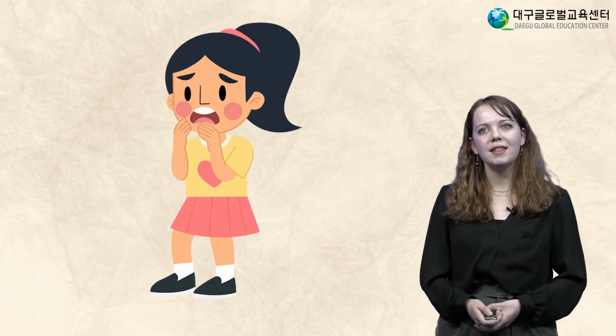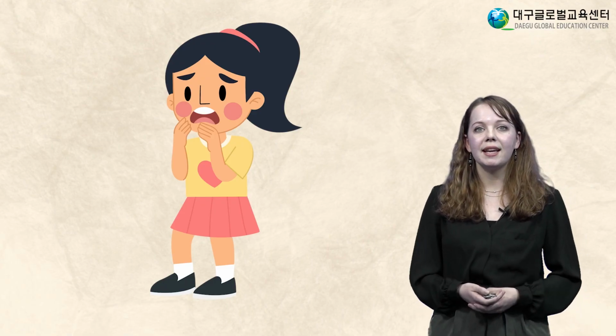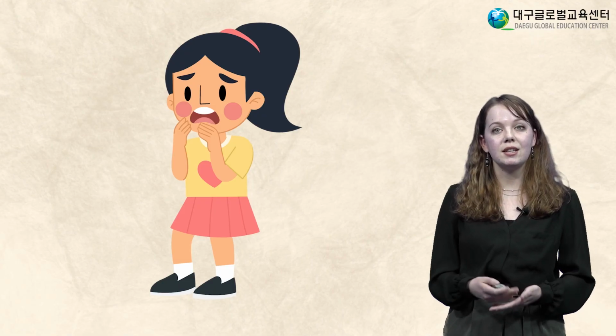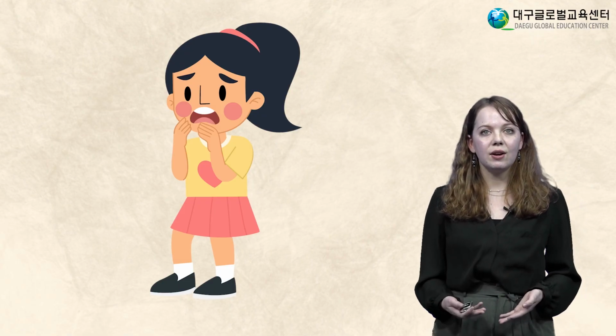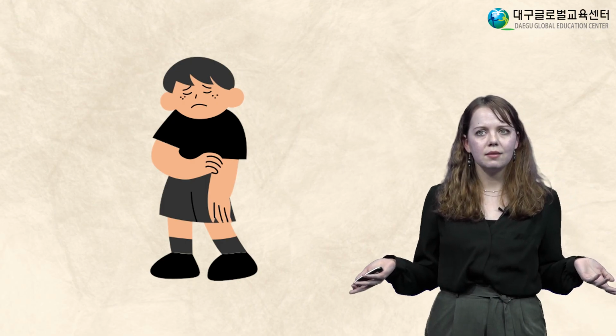Next, we have this girl. What color is she wearing? She's wearing yellow and pink. Pink because she is a young girl, and yellow to show that she is scared. Now we have this boy. He's wearing black. Do you remember? What does black mean?